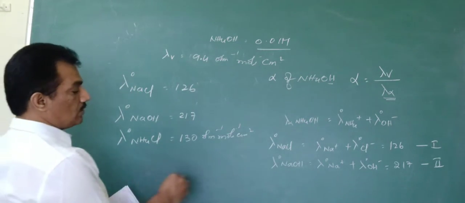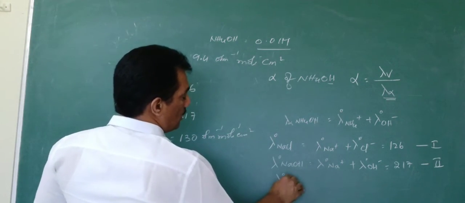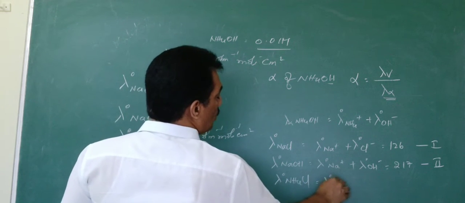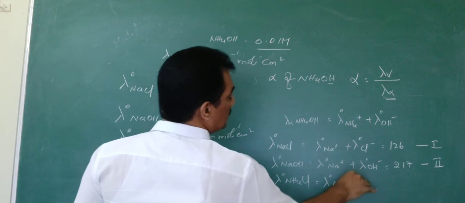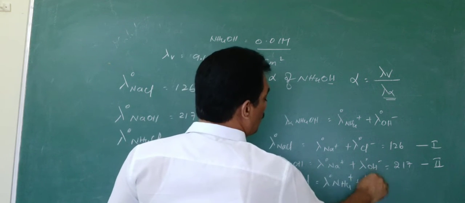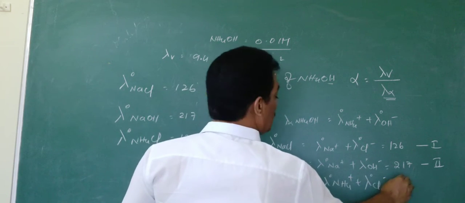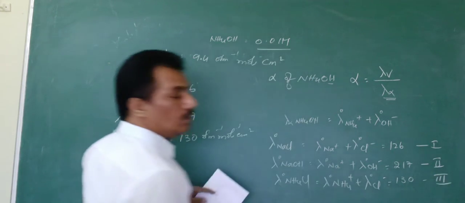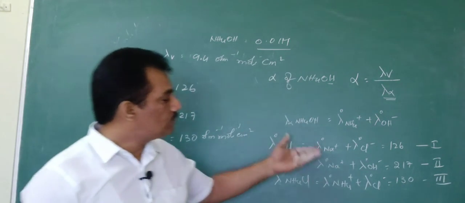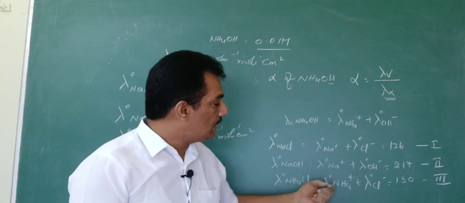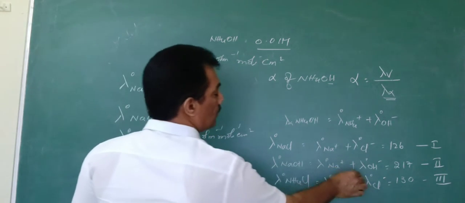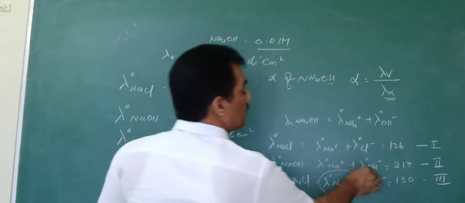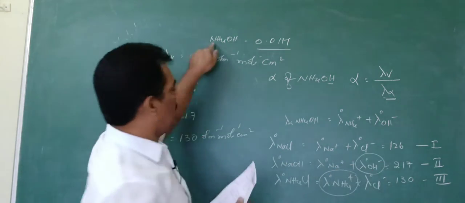Third, lambda naught NH4Cl, that is lambda naught NH4 plus plus lambda naught Cl minus, equal to 130, equation 3. With your observation you can guess that we require this one and this one for the given electrolyte.